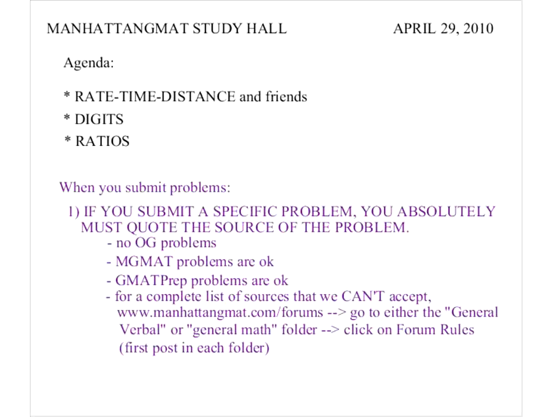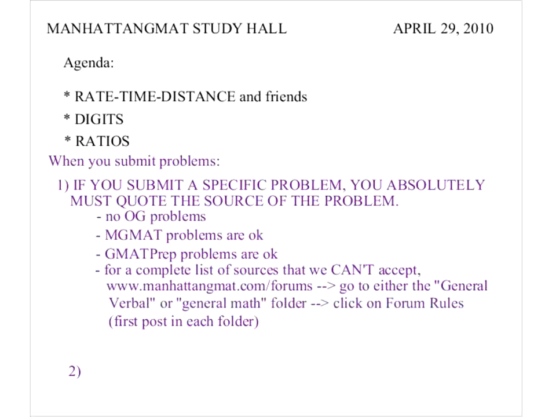What you can do, let me go ahead and type this here before we type rule number 2. What you can do, and what people do on the forums a lot of the time, is you can make your own version of the problem. Put your own spin on the problem.